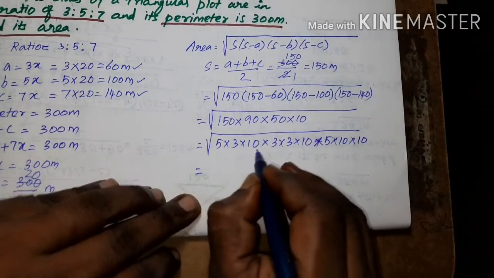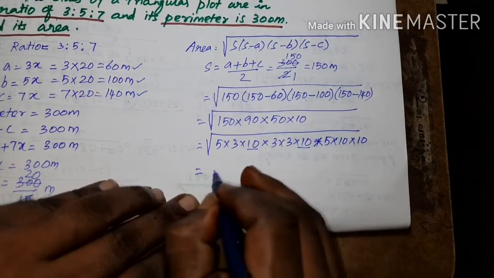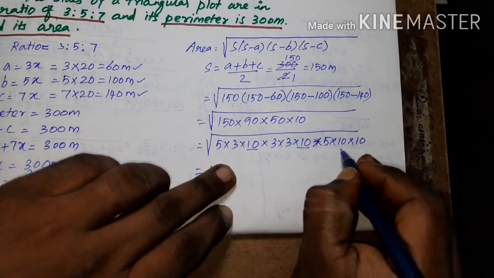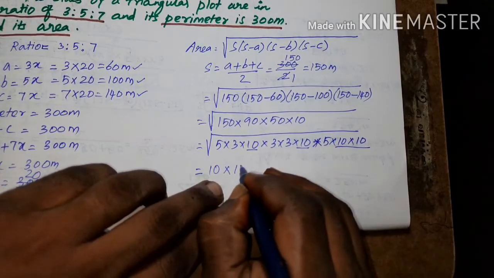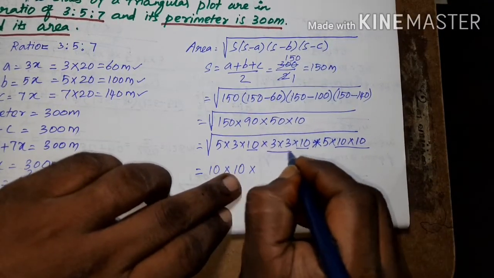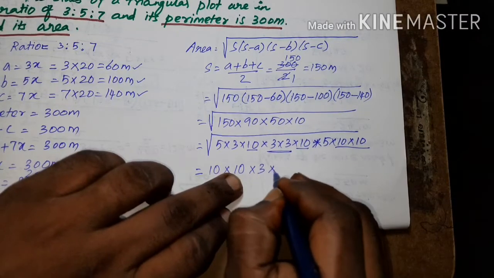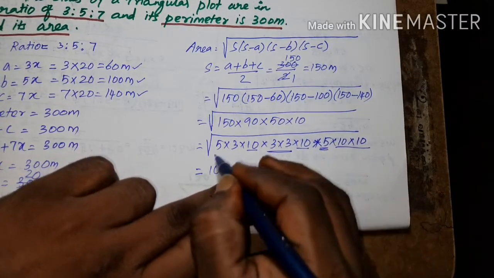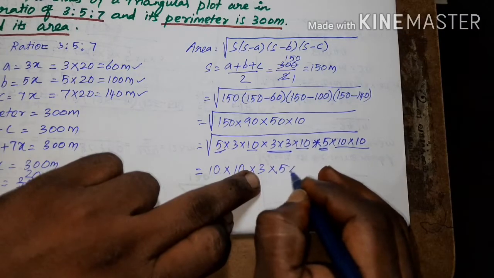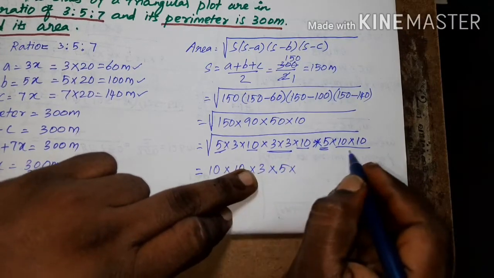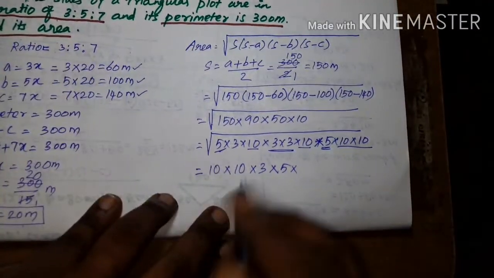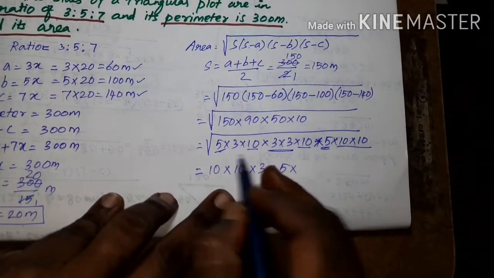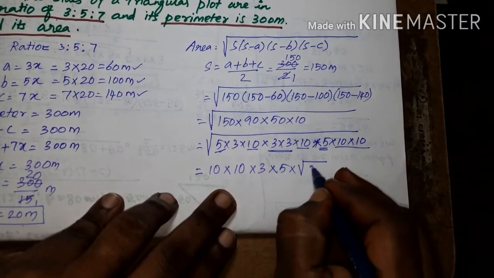Listen carefully. So here 10 and 10, I am going to write 10 one time, and next here 2 threes are there, so I am going to write 3 one time, and next here 1 five and here 1 five, so I am going to write 5 one time, and the remaining value is 3, that is the unpaired number, so I am going to write it inside the square root.